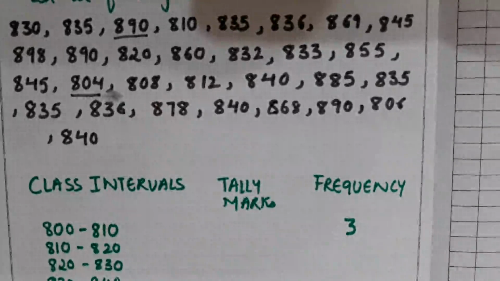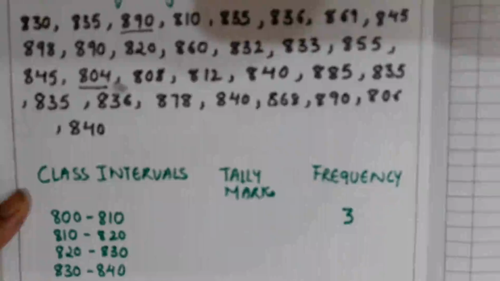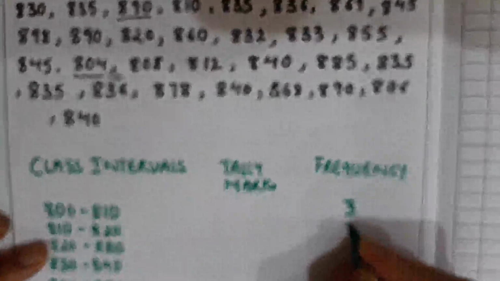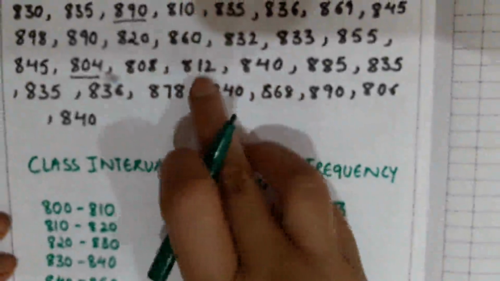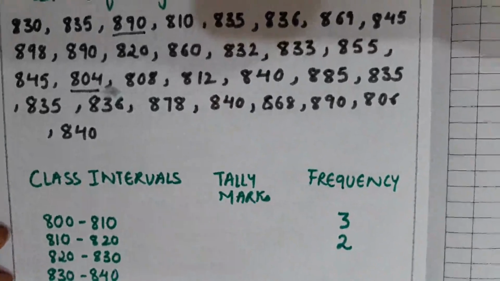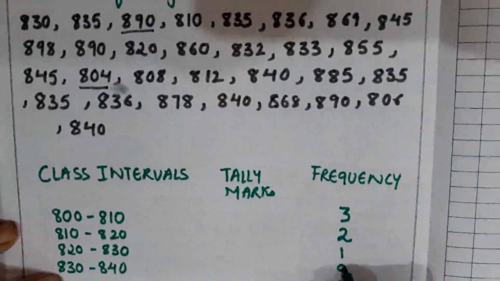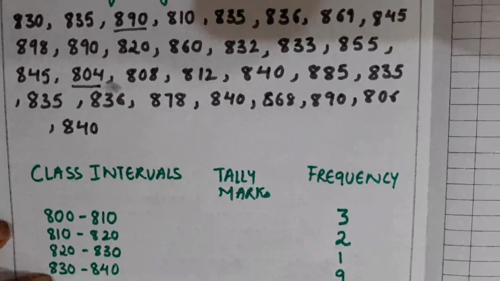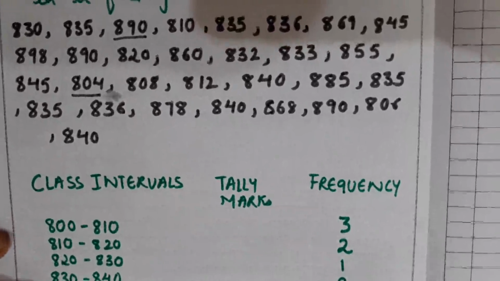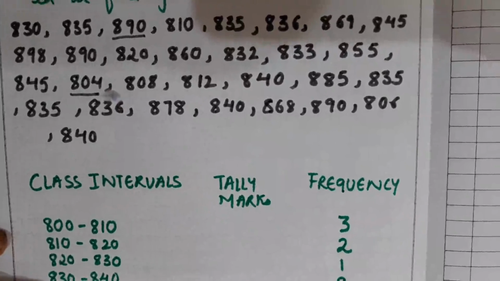So 3 options lie between 800 and 810. Next, in 810 to 820 we have 2 options, 810 and 812. In 820 to 830 only 1 option. Then 830 to 840 has 4 options. You count and simply write. I have already solved this question, so I know all the data.